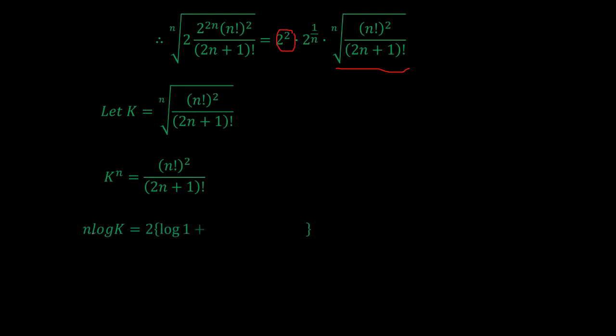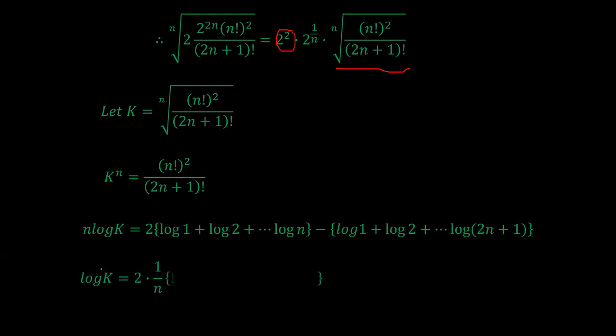And therefore, taking the natural logarithm of both sides, we now have n times the natural logarithm of k is the same as, pulling 2 out of the summation, log 1 plus log 2 plus and so on, because when you take the log of products, it's the same as the sum of the logs of the independent parts, and minus anything in the denominator, so we have log 1 all the way to 2n plus 1.